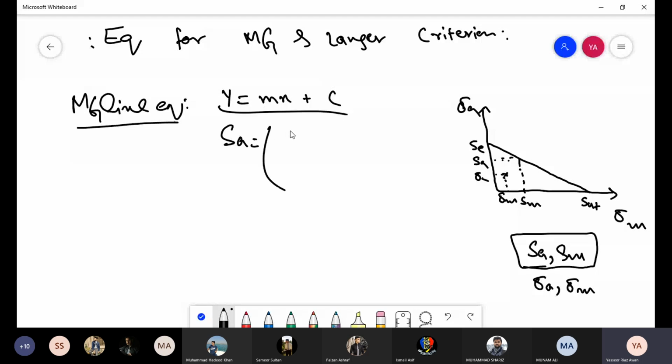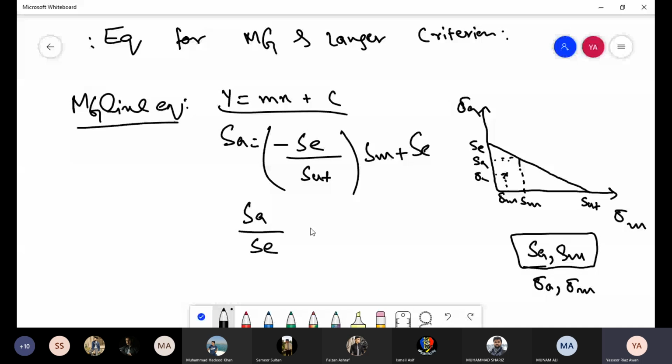The slope is negative SE divided by SUT, the variable is SM, and the intercept is SE. Now rewriting this equation, you get SA over SE plus SM over SUT is equal to 1.